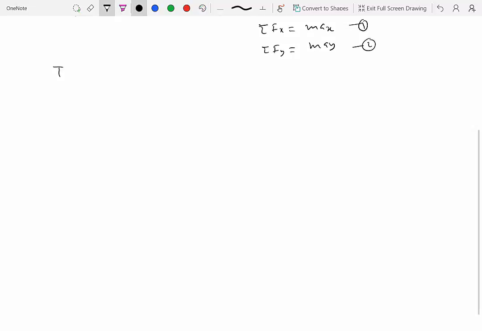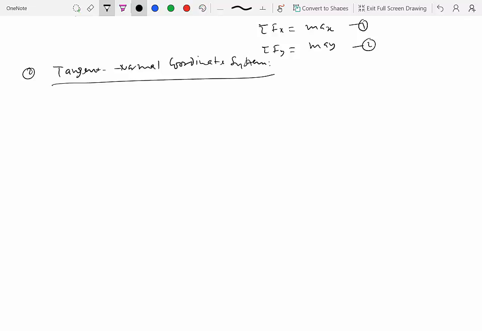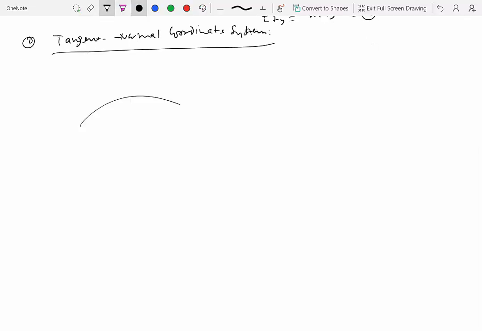So let's say we have the tangent normal coordinate system. That's our number 2 that we're discussing. So in the tangent normal coordinate system, we again have the particle which has a certain velocity, could have some acceleration, but this time we are going to be resolving everything in terms of the tangent normal coordinate system.